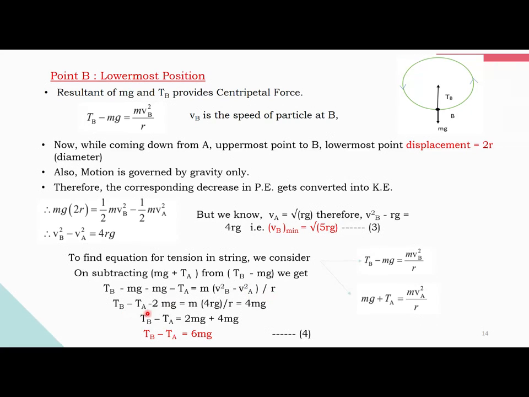Therefore, Tb minus Ta minus 2mg is equal to m 4rg upon r is equal to 4mg. Here, Tb minus Ta is equal to twice mg plus 4mg. Then it is 6mg, equation number 4.